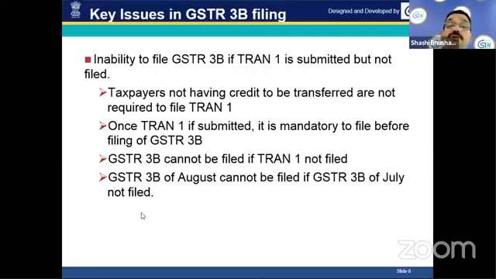So you should not worry too much about the first filing; you should file it, and then only will you be able to file GSTR 3B. One should also remember that if you have not filed GSTR 3B of July, you will not be able to file GSTR 3B of August. So you have to file TRAN 1, then GSTR 3B of July, and then GSTR 3B of August.